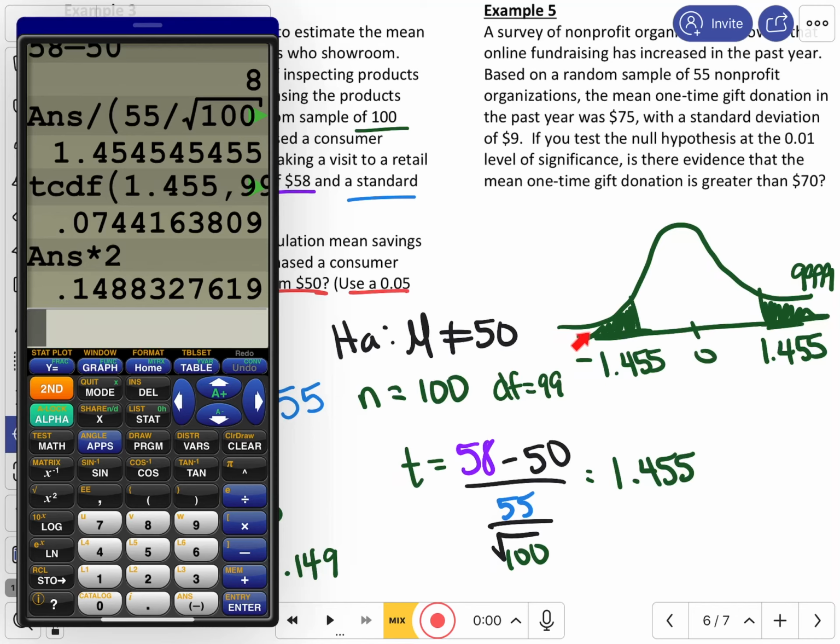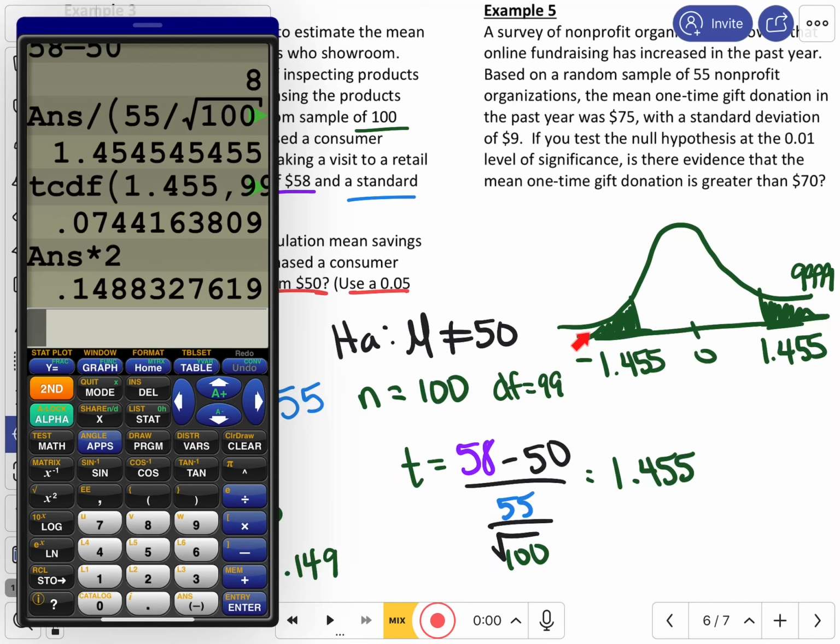So let's finish this problem off now. To finish it, answer the question, is there enough evidence? Well, our p-value is 0.149 and our alpha is 0.05. 0.149 is greater than 0.05.